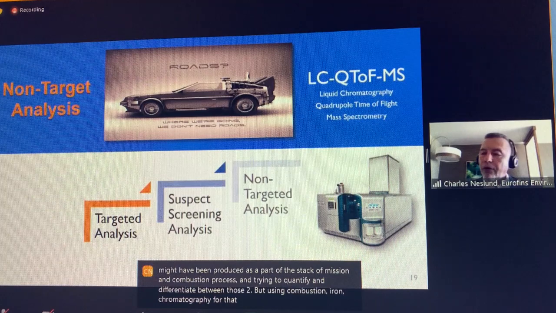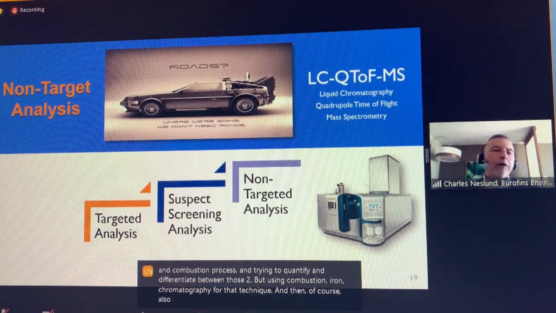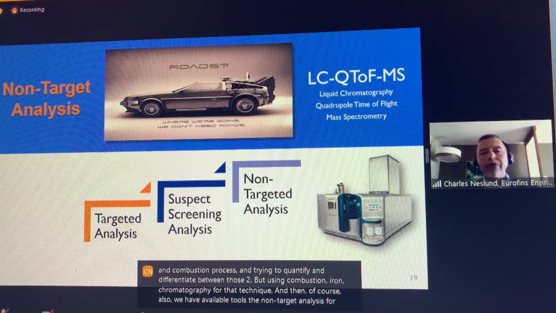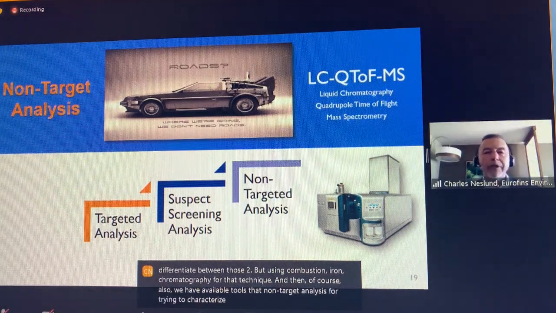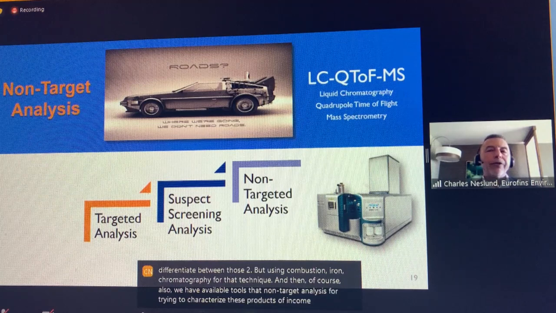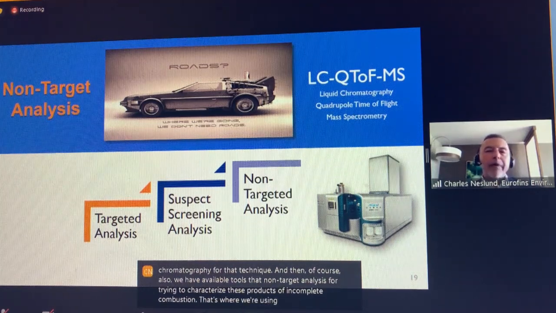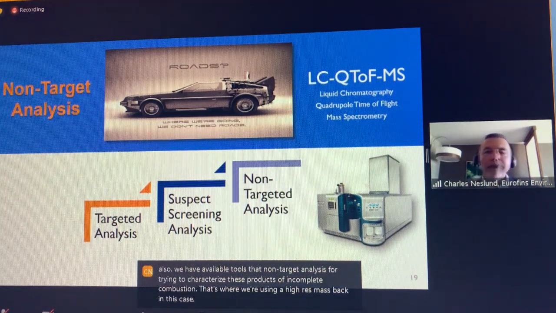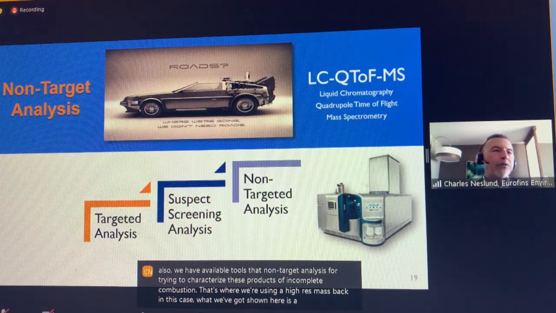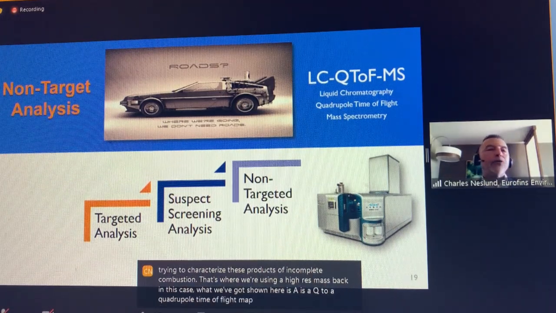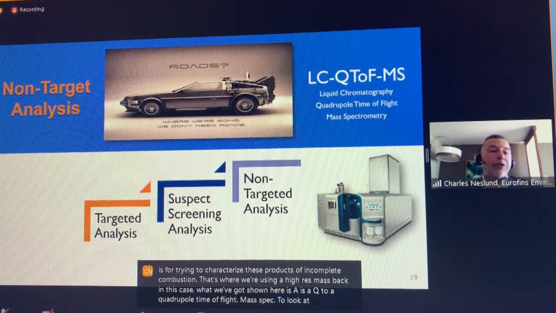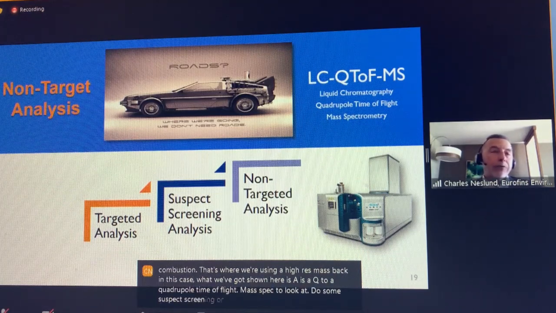And then of course we also have available the non-target analysis for trying to characterize these products of incomplete combustion. That's where we're using a high-res mass spec. In this case, what we've got shown here is a QTOF, a quadrupole time-of-flight mass spec, to do some suspect screening or some complete non-targeted analysis.